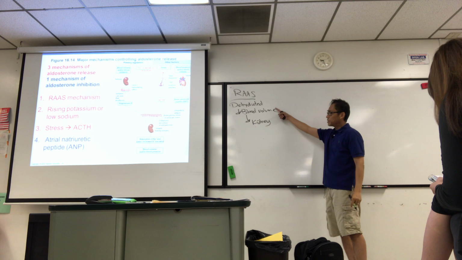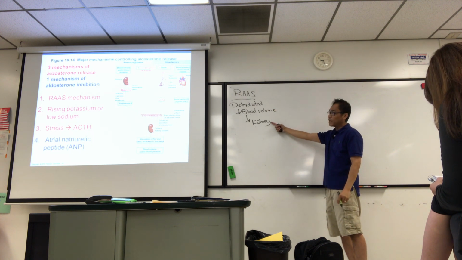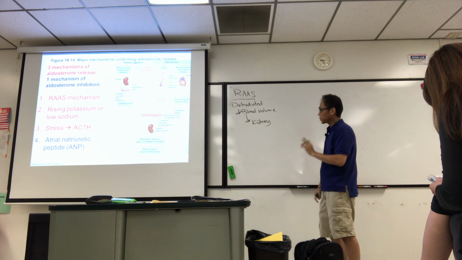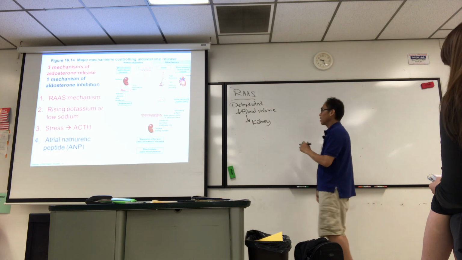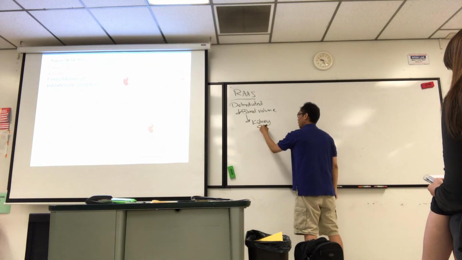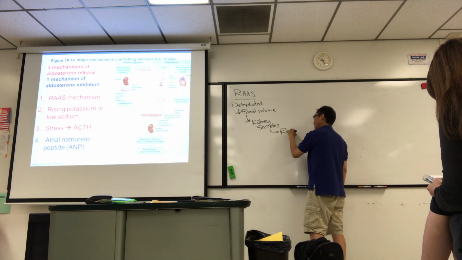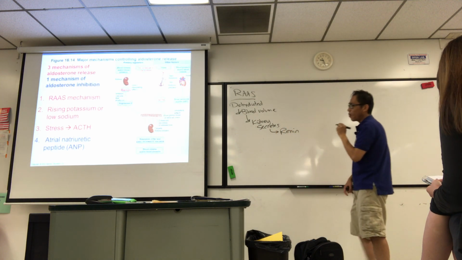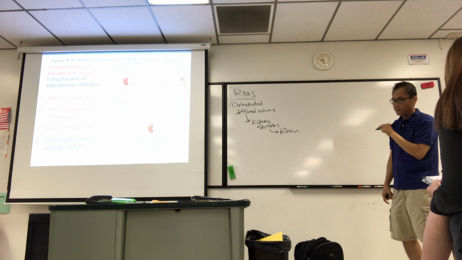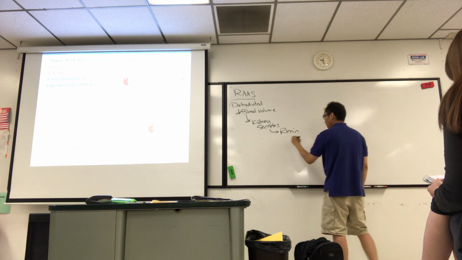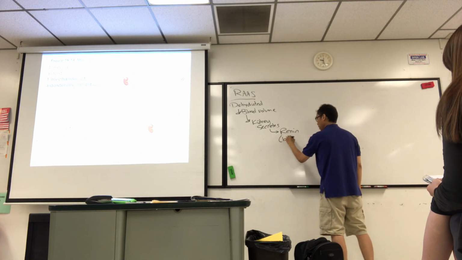So that's the situation you're dealing with. What the kidney will do to help is it'll secrete renin, R-E-N-I-N. Renin will enter the bloodstream, so renin gets into the blood.